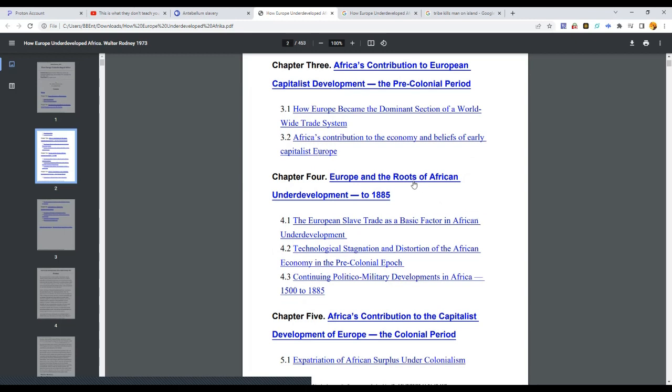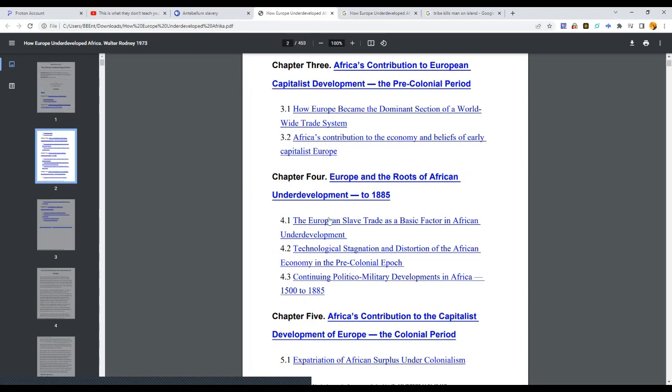Chapter 4, Europe and the Roots of African Underdevelopment to 1885. 1400s to 1885. So this underdevelopment was going on during enslavement and continuing on.